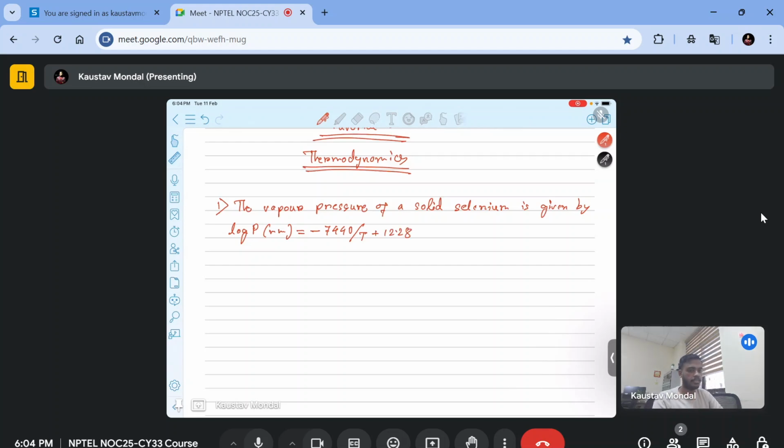Here T is the temperature of the vapor, and this is the vapor pressure of solid selenium.